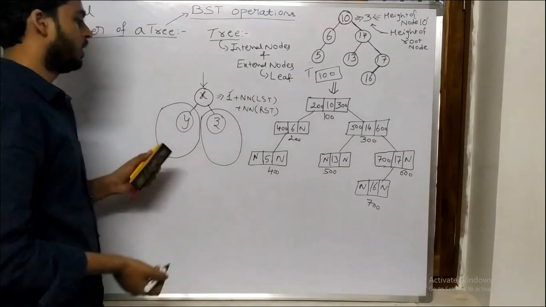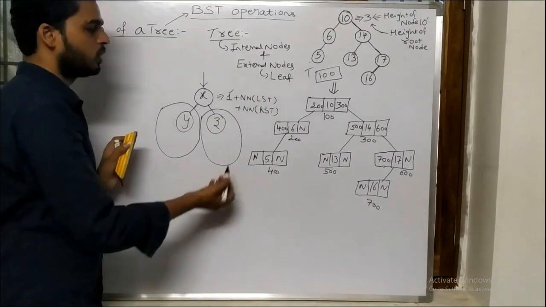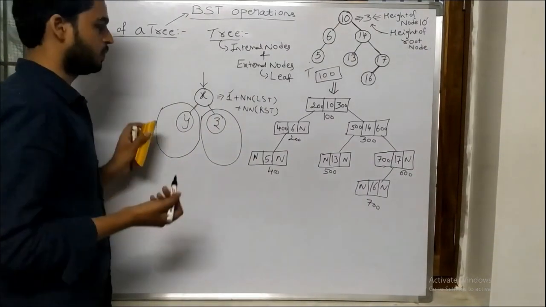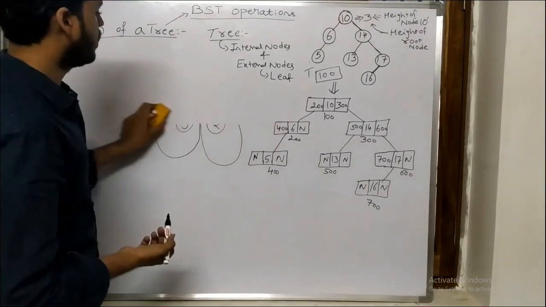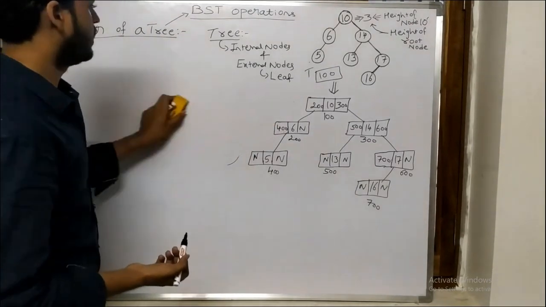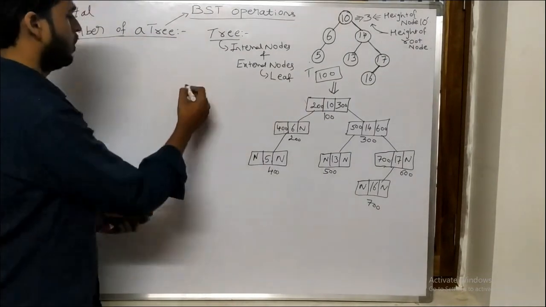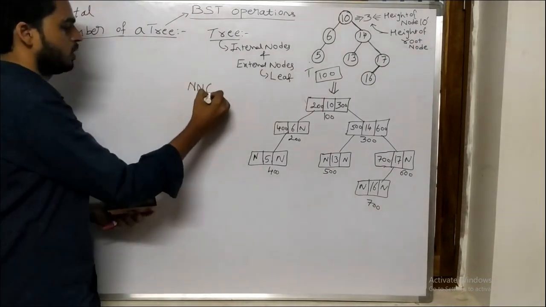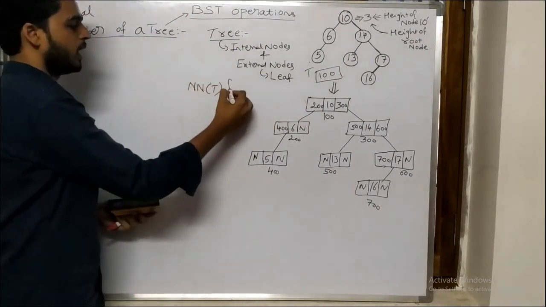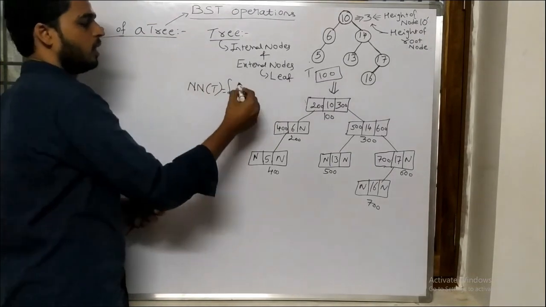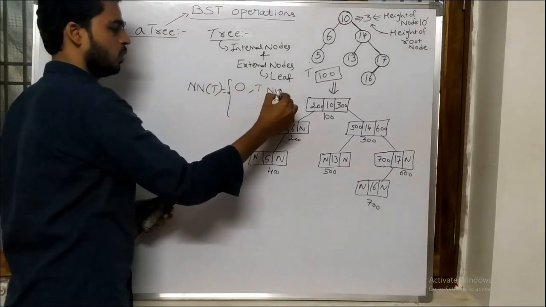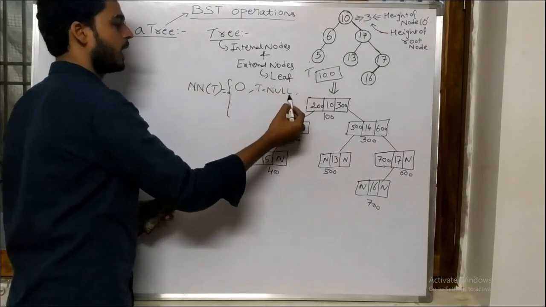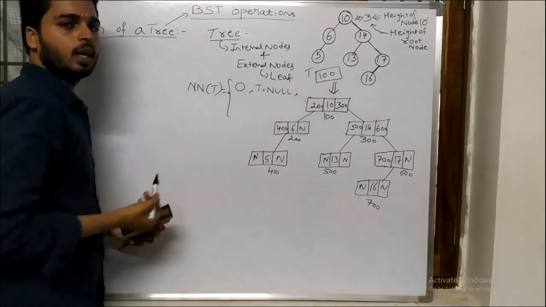If there is no node, then obviously its count is 0. If you understand this, you can write it easily. So if you want to find the number of nodes in a tree, generally if there is no node, I can simply say that the number of nodes is 0.